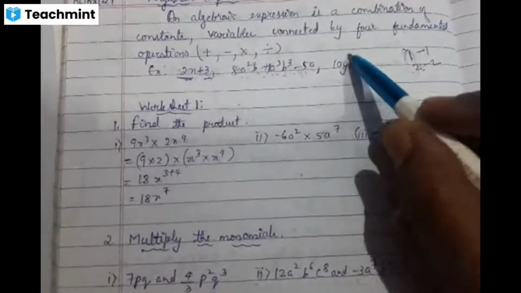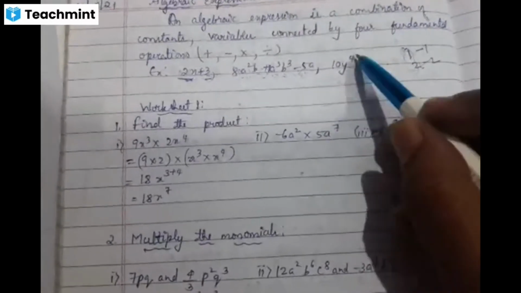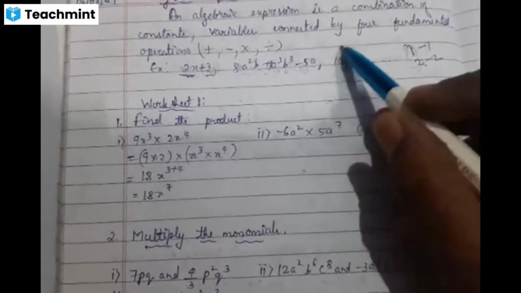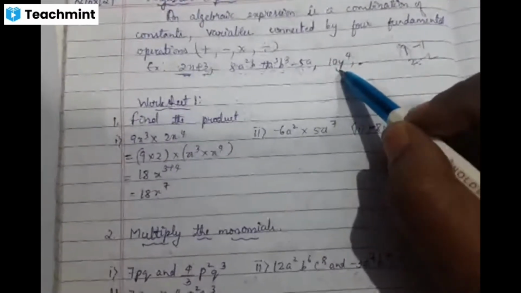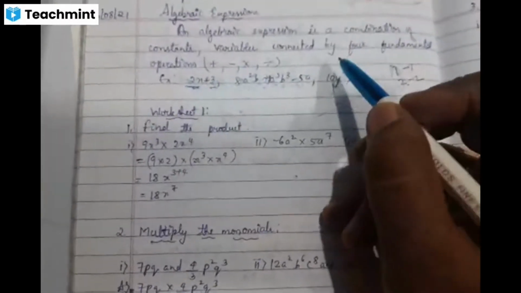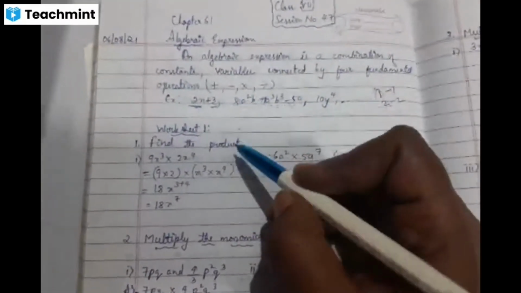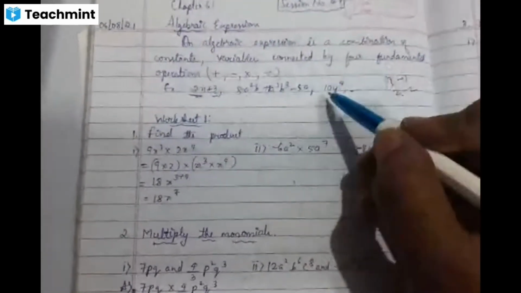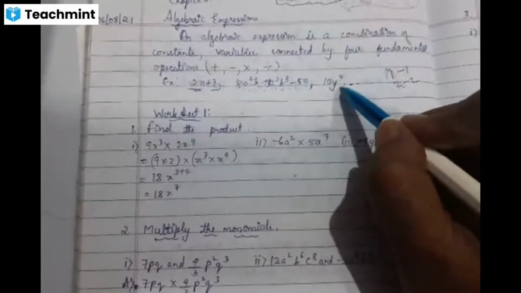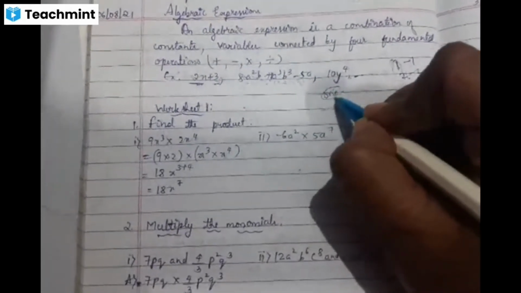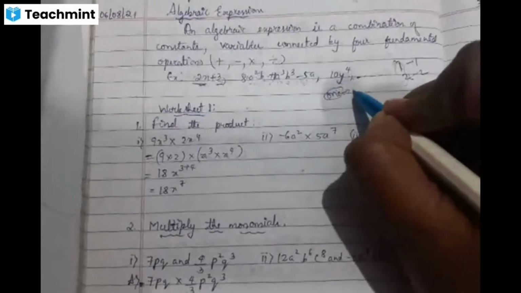You have to consider only plus and minus sign. Therefore, this algebraic expression is having only one term. Is that clear about the terms, children? Next is, if the algebraic expression is having only one term, then it is said to be one term. If it is having only one term, one means mono, children.